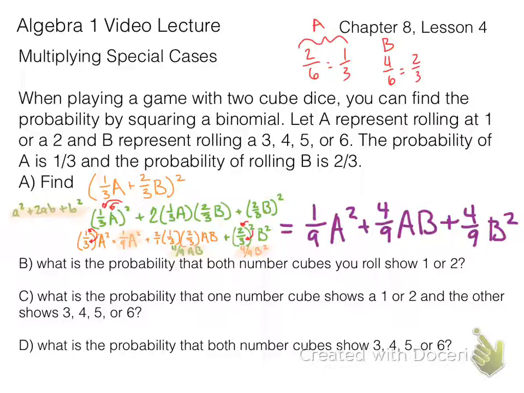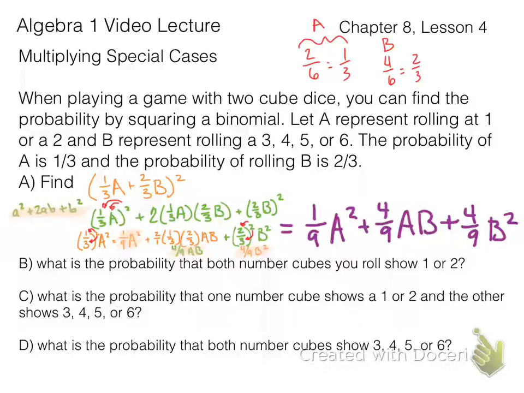Both dice are going to roll either a 1 or a 2. It's 1/9 of a chance that both dice are going to show an A situation. Whereas there is a 4/9 chance that one dice will have an A situation and one dice will be a B situation. Whereas there's also a 4/9 chance that both dice are going to show a B situation.